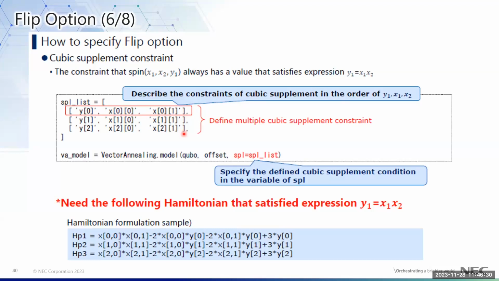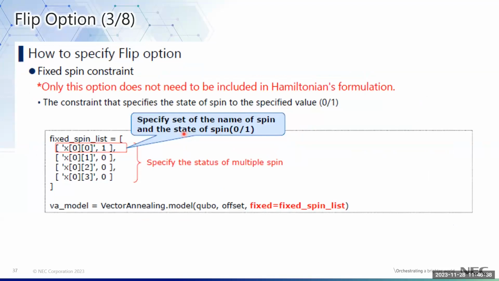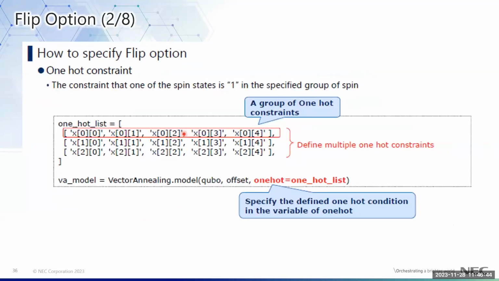There is a question I didn't understand. One hot is a penalty-like condition. You can say it's a penalty-like condition, but it's basically a constraint. It's a flip option in our case. You're basically telling the annealer that out of all the spins provided, only one spin state is one.